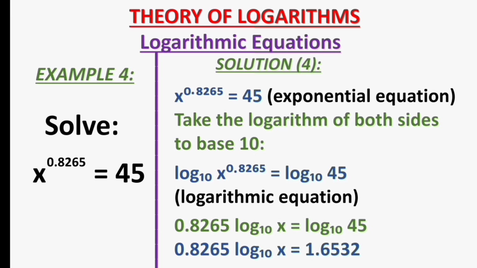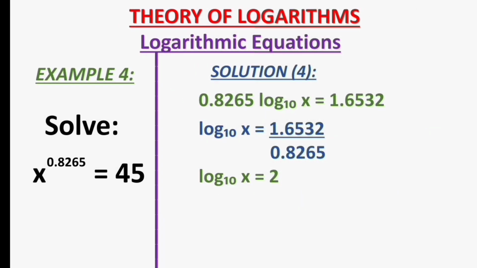Simplifying this by applying the laws of logarithms, we are going to get 0.8265 multiplying the logarithm to base 10 of x is equal to the logarithm to base 10 of 45. Now, using our logarithm tables, the logarithm to base 10 of 45 is 1.6532. Next, when we divide both sides of this equation by 0.8265, we are going to get the logarithm to the base 10 of x is equal to 2.